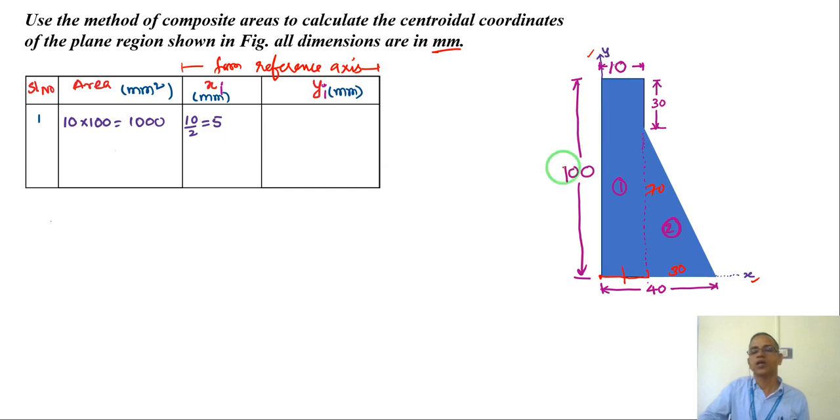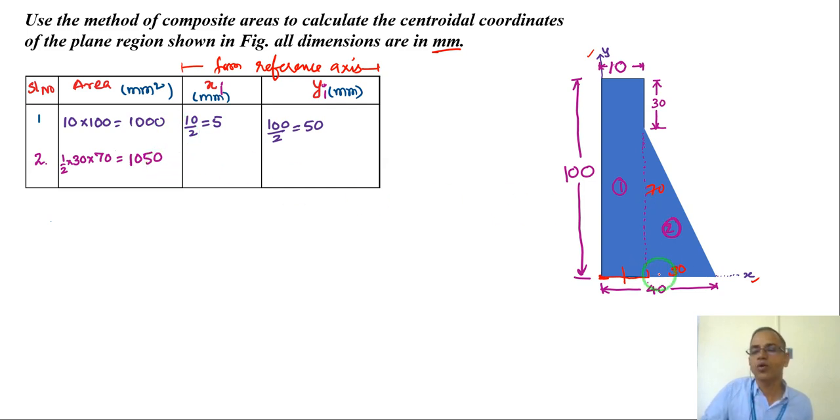Along the y axis, I have 100 millimeter. So 100 by 2 is 50 millimeter. Of course, from the reference axis, this is the reference. Y direction reference becomes x. X direction reference becomes y axis. So now the next area is 2, which is triangular. The area becomes half into 30 into 70, which is 1050 millimeter square.